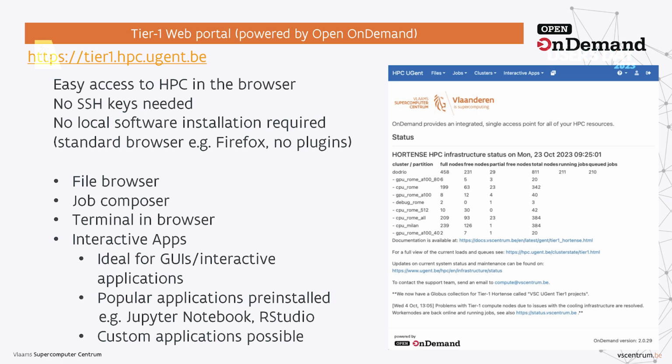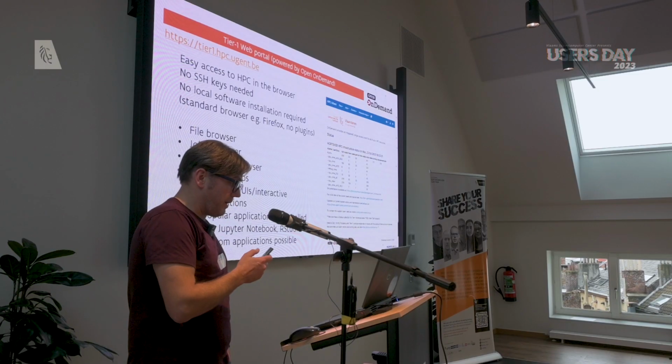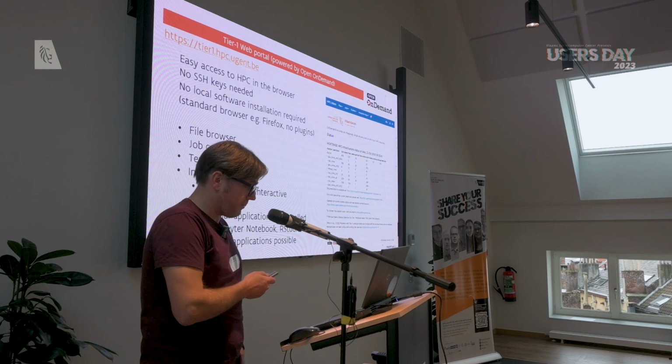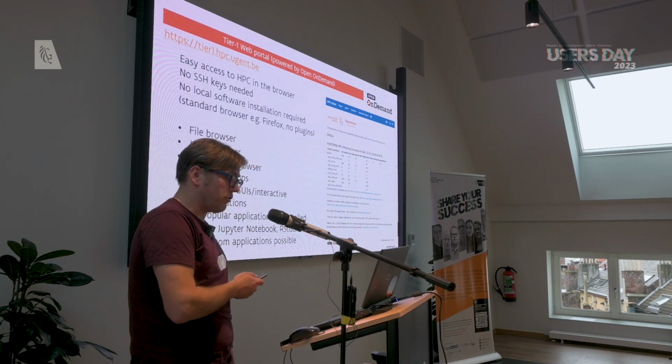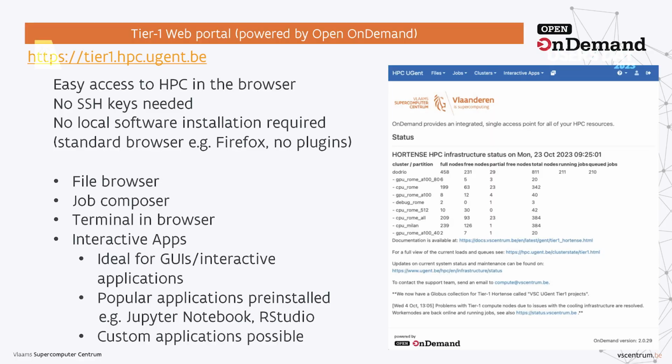Just a standard browser like Firefox without any plugins suffices, and that gives you access in the browser to a file browser, to a job composer, to a terminal in the browser if you're still hooked on that terminal, but also interactive applications. This is ideal for GUIs or interactive applications, and popular applications like Jupyter Notebook, RStudio, and even custom applications are possible.